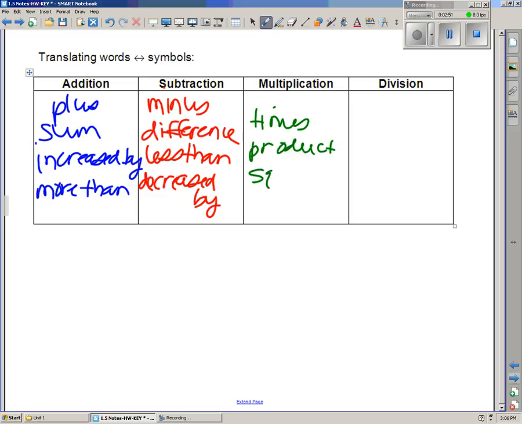You might see square, cube, twice, etc. Division, you tend to see the words quotient. And you tend to see the word divided by. Okay, so those words will tell you how to figure out what to do in a problem.